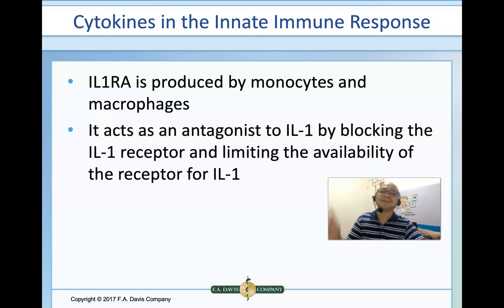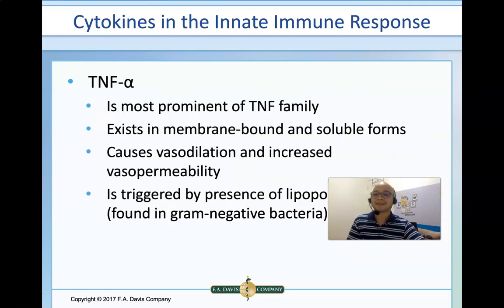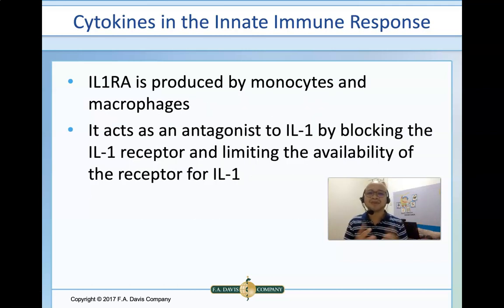If the receptor has already been blocked, it will limit the availability of the receptor for interleukin 1. Interleukin 1 RA is produced so that there is a regulatory mechanism for the actions of interleukin 1 in particular.